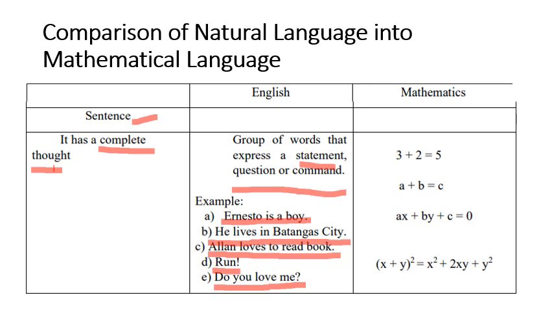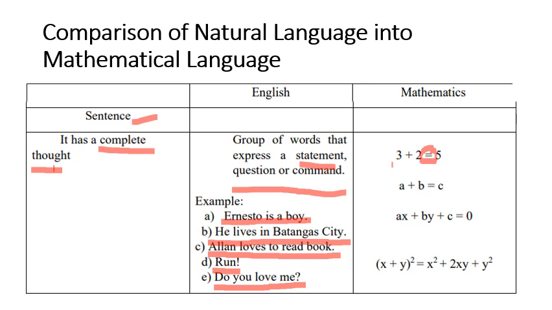O yan. So, those are sentences in English. It can be just a statement. It can be a question or a command. In mathematics, the symbol that will tell you that it is already a sentence is commonly the equal sign, right? The symbol of equality.